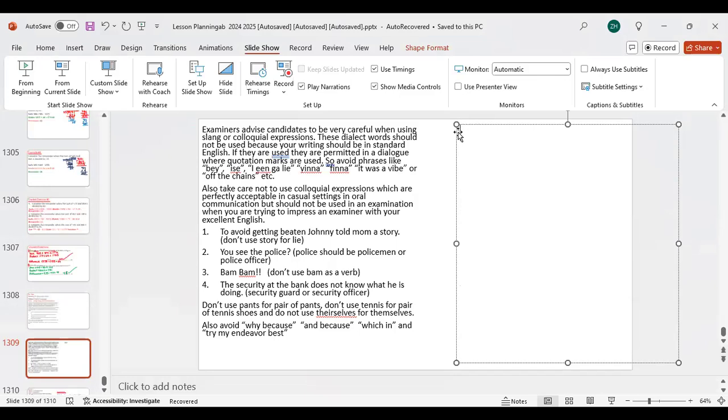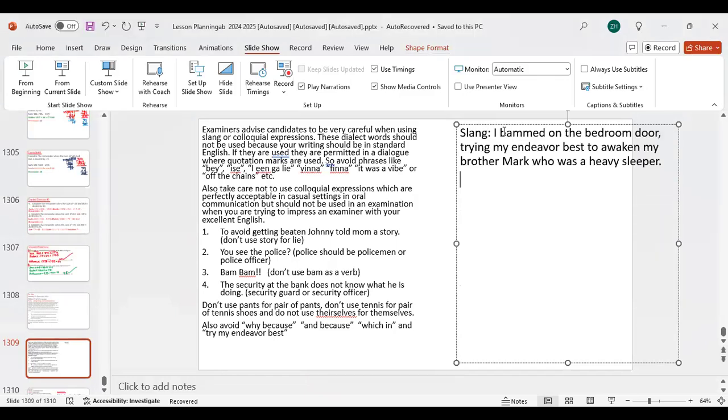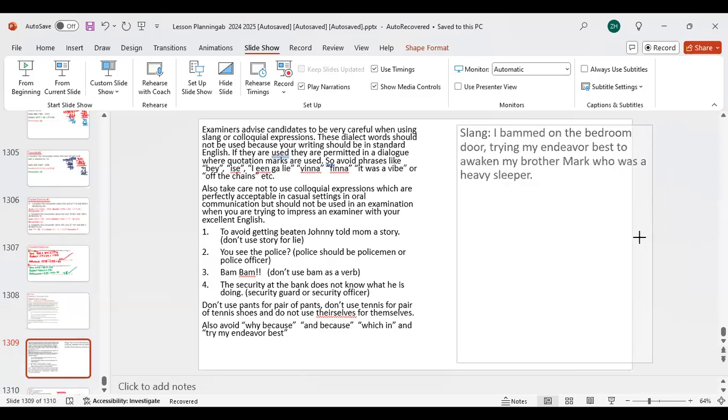Okay, so let me write that sentence again, and then we're gonna say slang, and then we're gonna put proper. So what I had: "I bombed on the bedroom door, trying my endeavor best to awaken my brother who's a heavy sleeper."